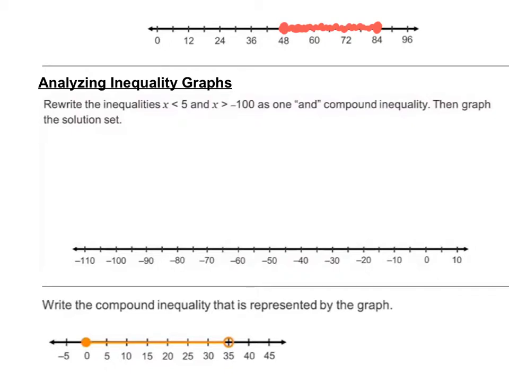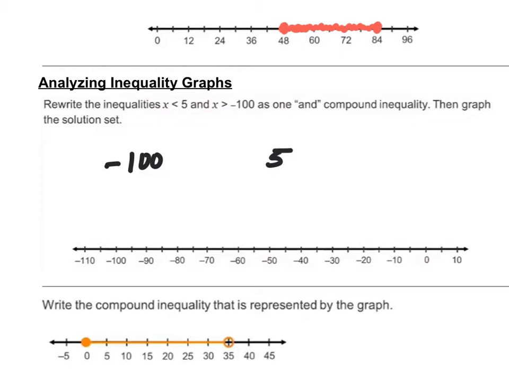Let's take a look at analyzing inequality graphs. What I want to do is rewrite the inequality x is less than 5 and x is greater than negative 100 as one compound inequality. It's kind of the same thing that we just did earlier. I've got negative 100 here and I've got 5 here.